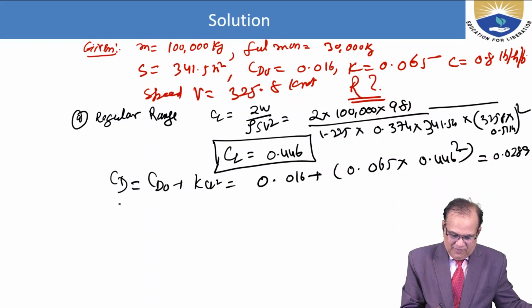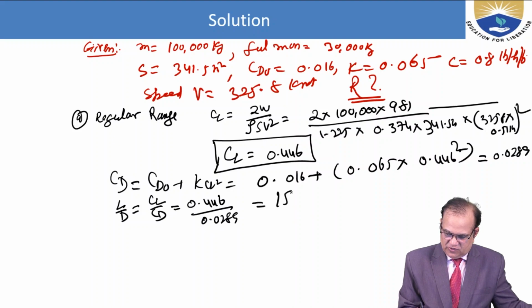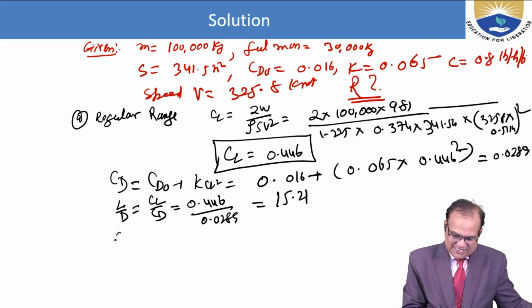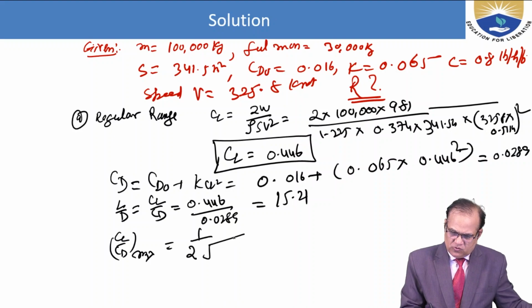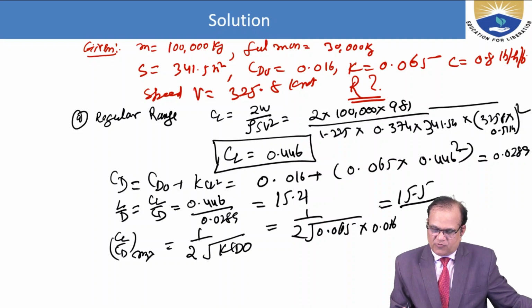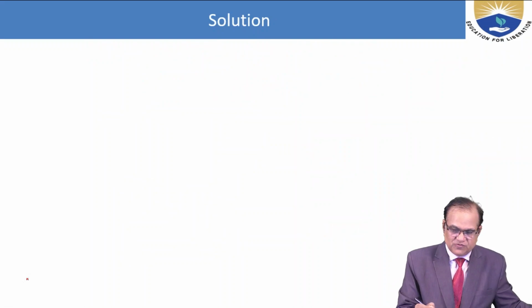So L by D is equal to CL by CD, 0.446 divided by 0.0289, so 15.4. Now we know that CL by CD maximum is equal to 1 by 2 under root K CD naught, 1 by 2 under root 0.065, 0.016, it will go to 15.5. So now we have to see for the different cases how much we are getting.